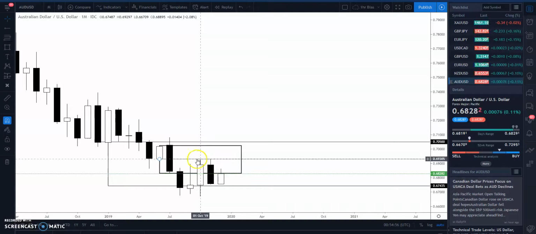It failed to take out this high, and then price pushed down violently to the downside, as you can see. Okay, so you can see over the last 4 months there's been a bit of back and forth consolidation, as we call it. So let's go down to the weekly, as we have now mapped out this whole monthly time frame.